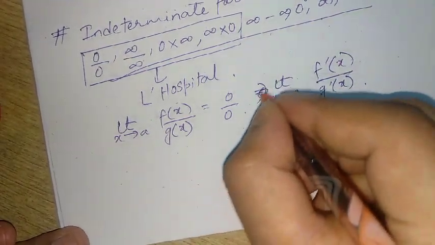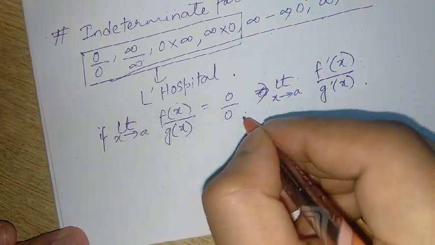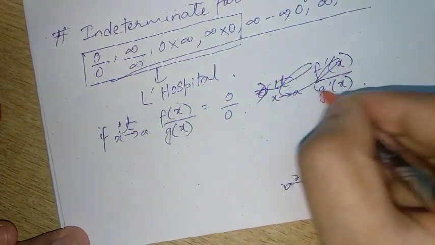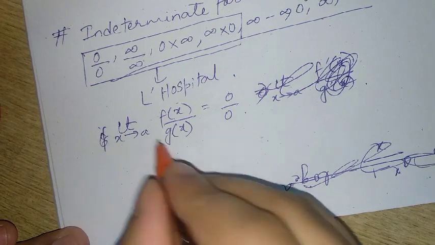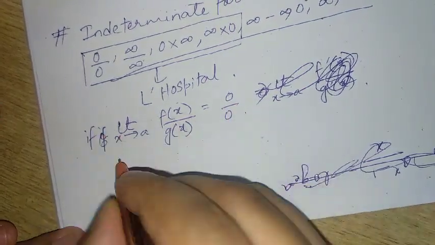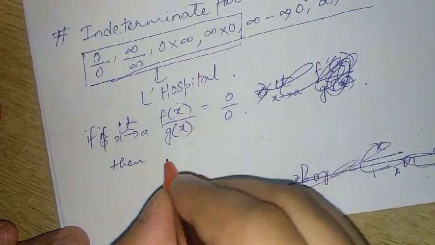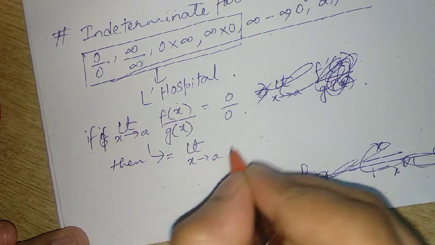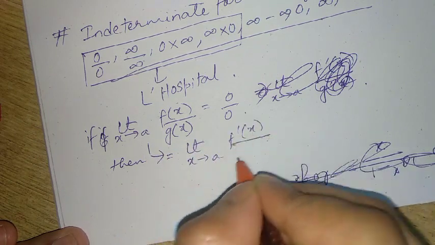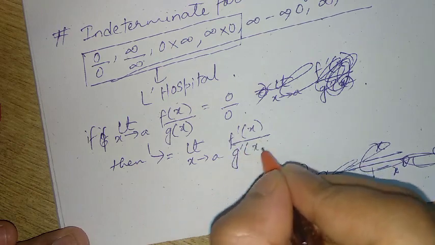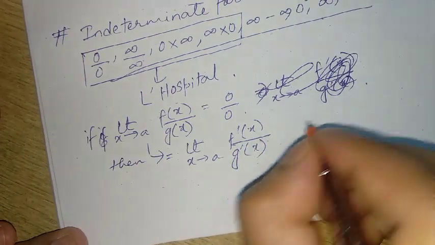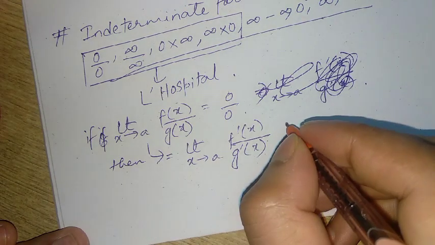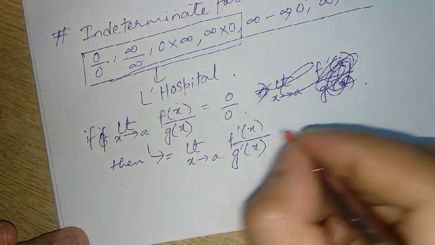Okay, so let me restate this. If limit x tends to a is of the form 0 by 0, then we can differentiate, and it is also equal to limit x tends to a of the differentiation of the numerator divided by the differentiation of the denominator, and this process will go on until the 0 by 0 form stops to exist.